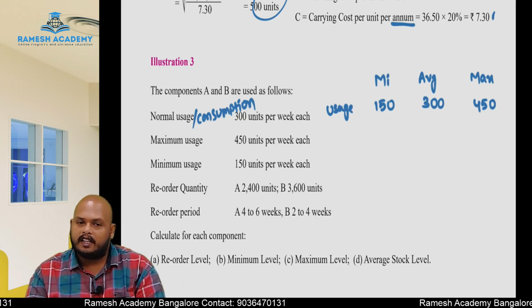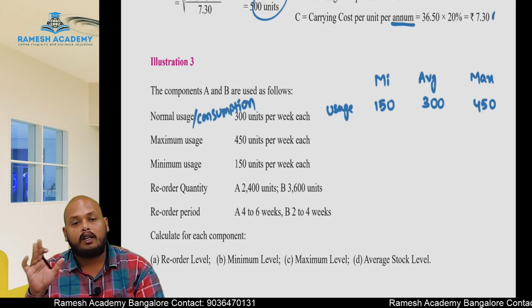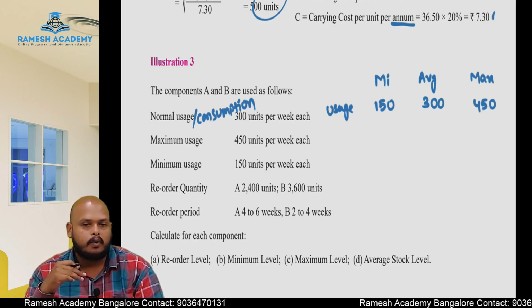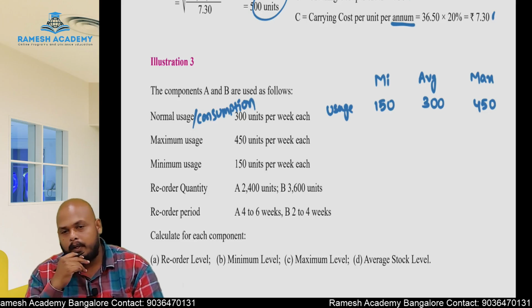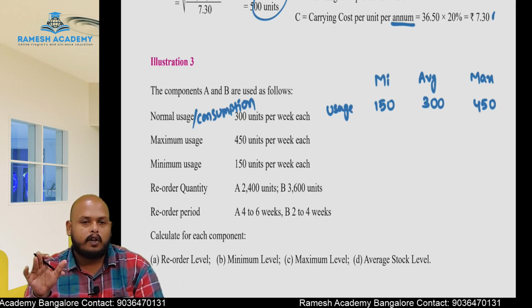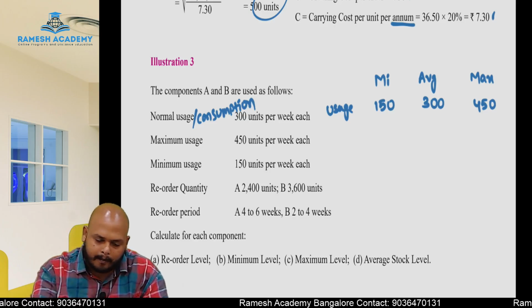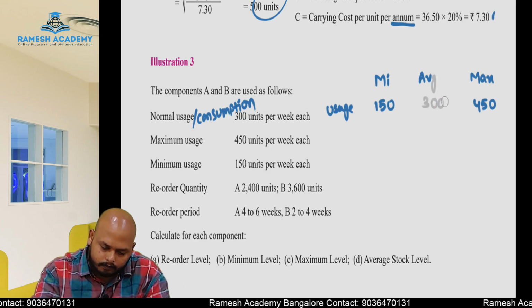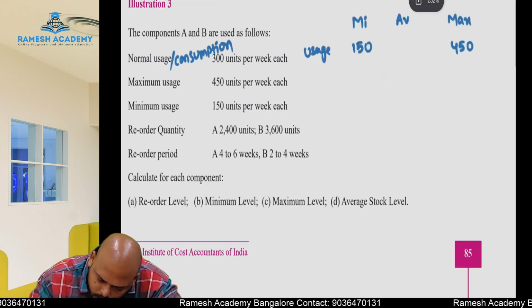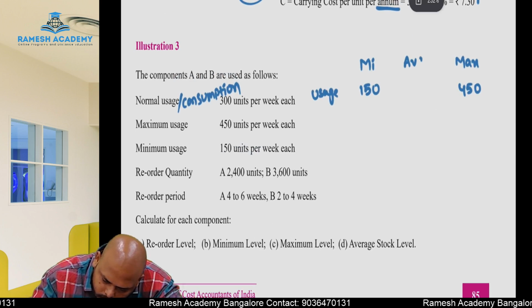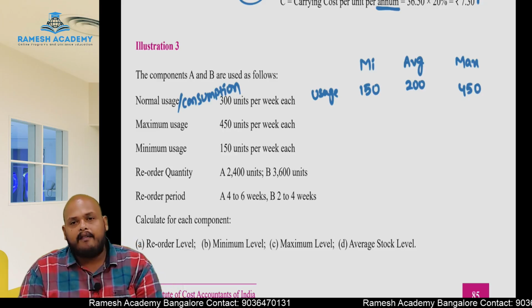One time in the examination, generally if he is giving minimum, average, maximum, whatever values he gives, you have to take those. In one attempt, people knew the formula average is equal to minimum plus maximum by 2. But they gave average 200.